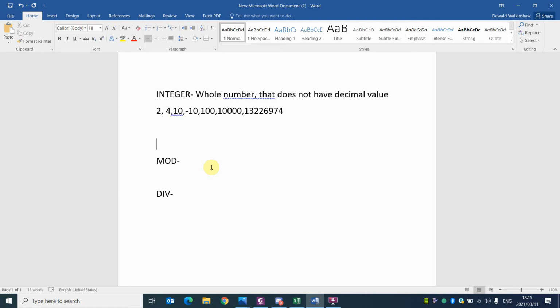That means the numbers that you will be using with these two functions, whether it's two inputs or an output, everything will be of an integer data type. So let me write here: only work with integers.